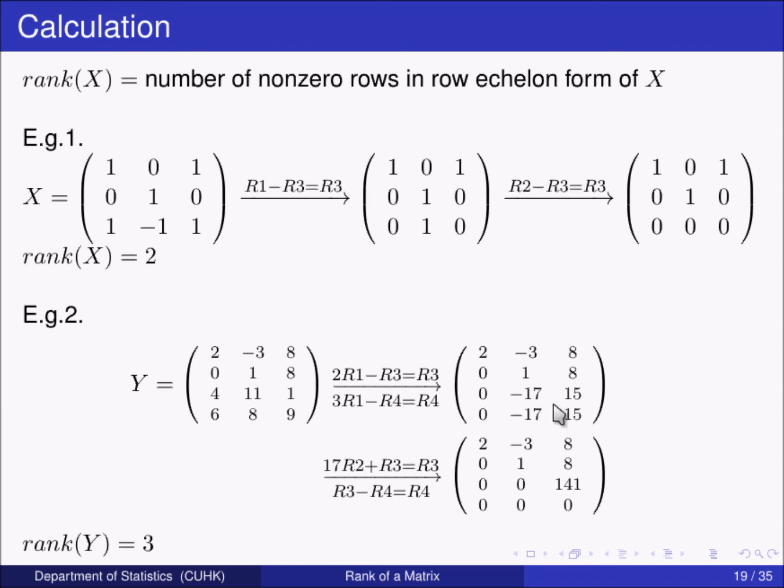Notice that row 3 and row 4 are now the same. We finally replace row 4 with the difference between row 3 and row 4. Lastly, we add row 3 to 17 times of row 2 to replace row 3. Y is now transformed to its row echelon form, and its rank is 3.